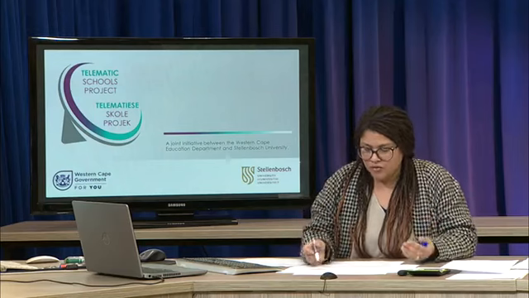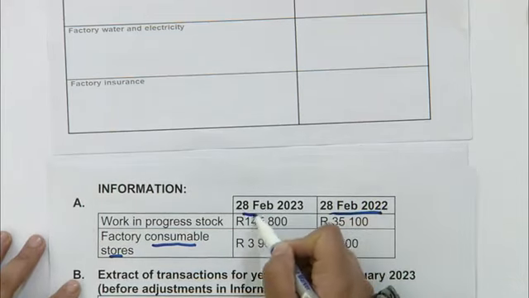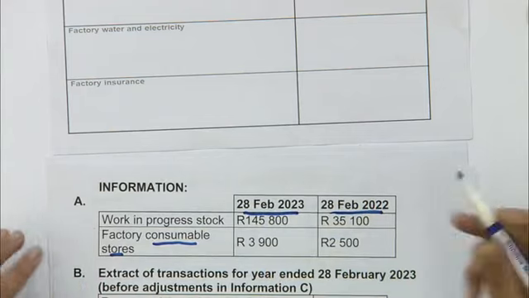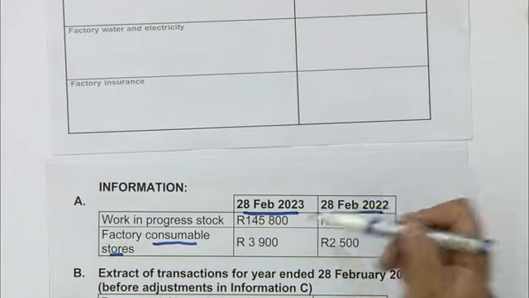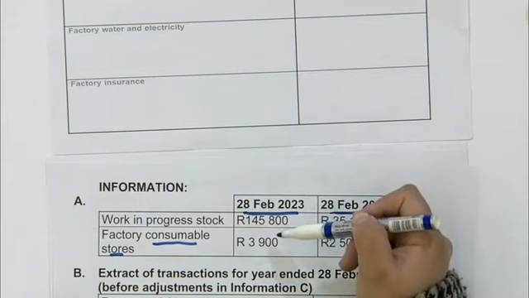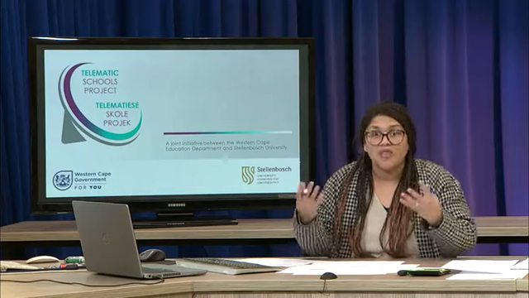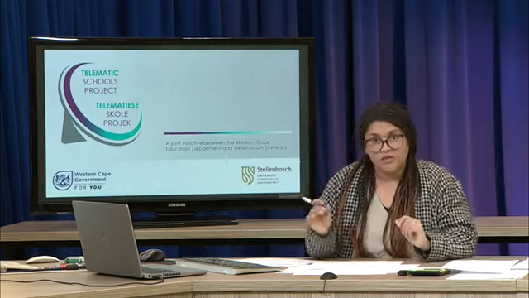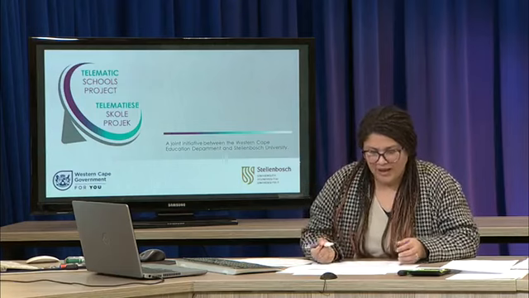They also show that it's on the 28th of February 2022 and the 28th of February 2023. That is essentially the beginning of your financial period and the end of your financial period. So basically it's the end of the previous year, but we can see it as the beginning, okay? 2023 will then be the end of the current financial period we're looking at.